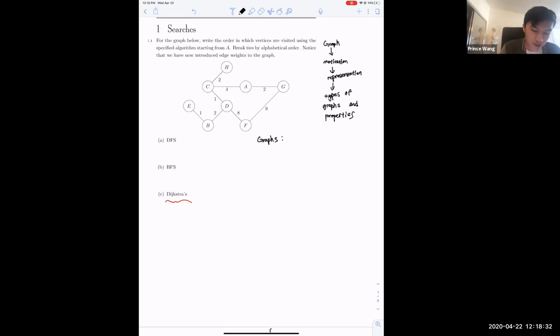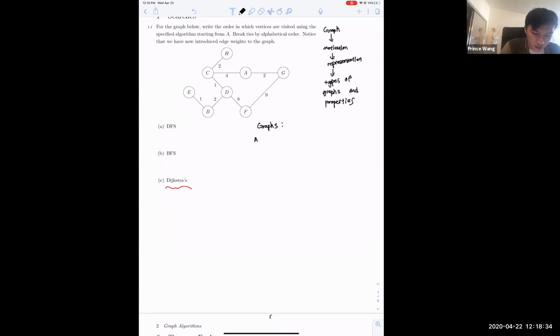So a graph is a way that we represent data and the relationships between data.